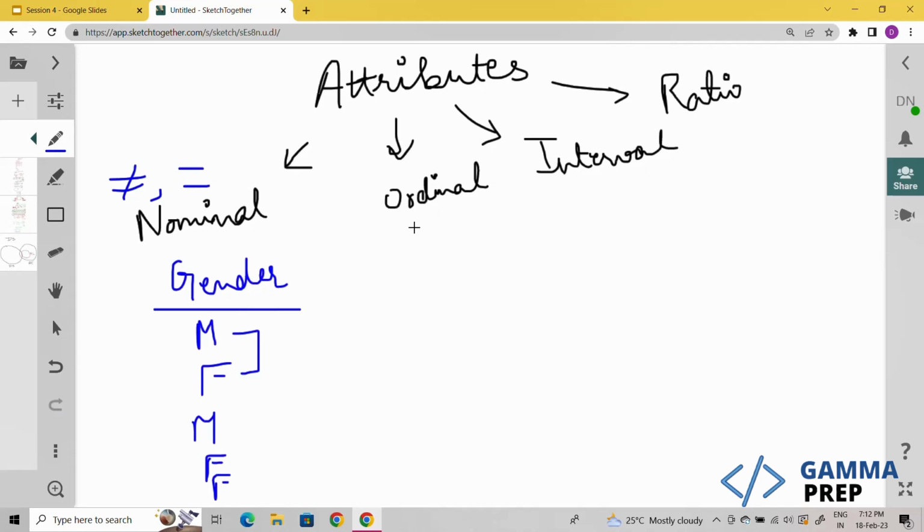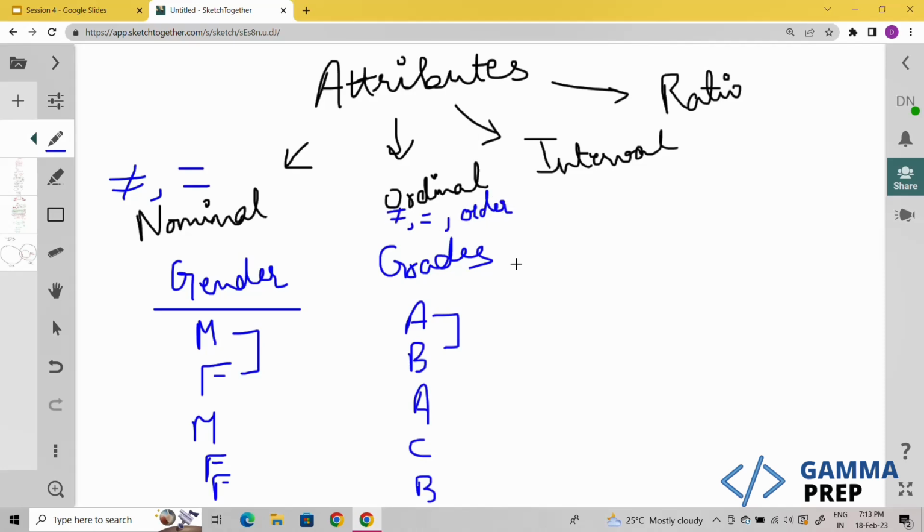Moving on to ordinal attribute. In ordinal attribute, for example, grades. Let's say the first student has grade A, then second B, third also A, fourth has C, the fifth has B. Now here in the attribute values, you can figure out whether the 2 students have the same grade or not, but you can also order the students on the basis of their grades. That is, you know that A grade is better than B grade is better than C grade, and so on.